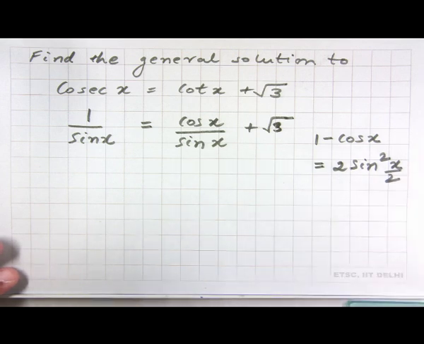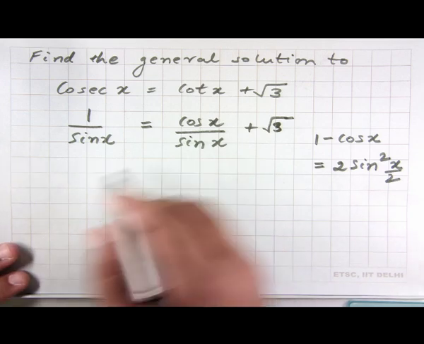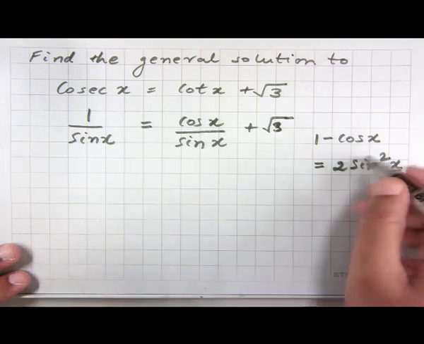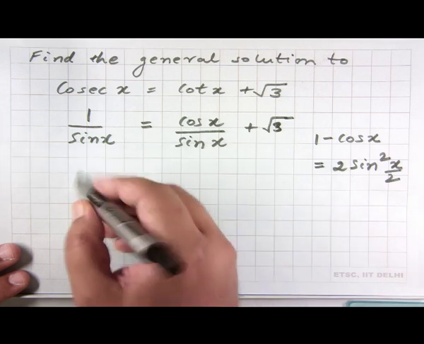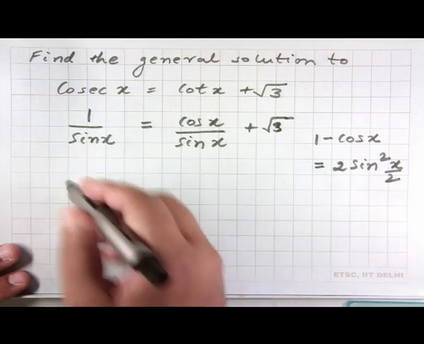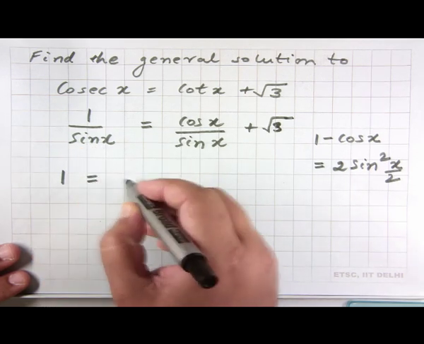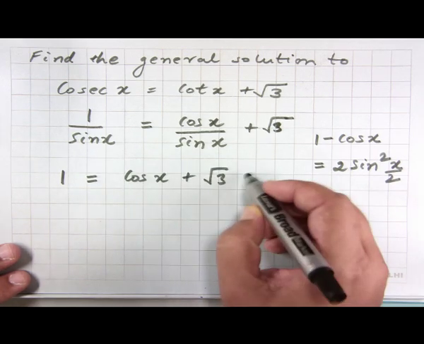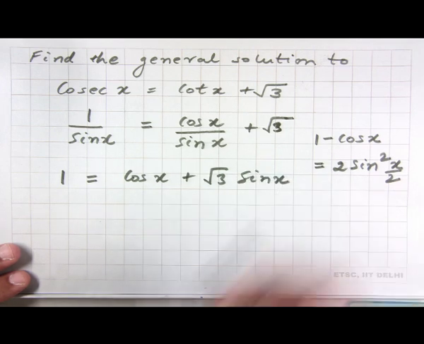So, we will try to use that. Or the other way is that we multiply both sides by sine x, and then we get 1 equals cosine of x plus root 3 times sine x.